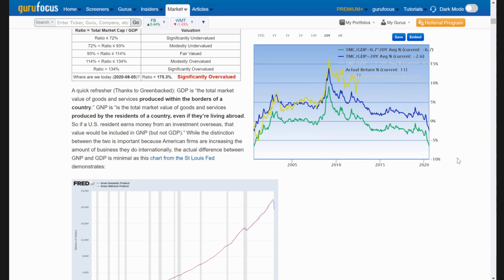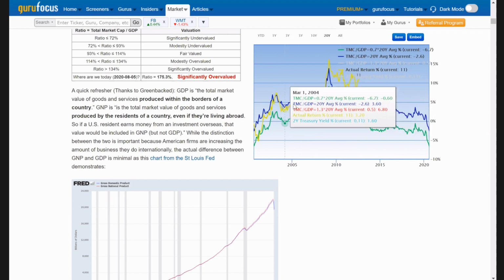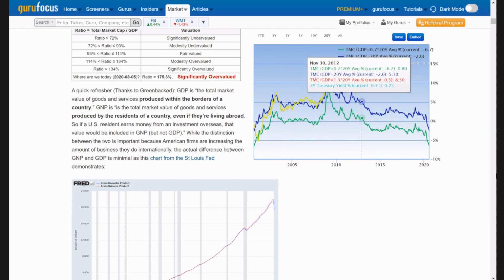And these days, even if we are optimistic, the future market return is quite small. It will be maybe around zero for the next few years. And this yellow line is the historical actual return. You can see that it works pretty well. It overlaps pretty well with the blue line. And in recent years, it's above the blue line.